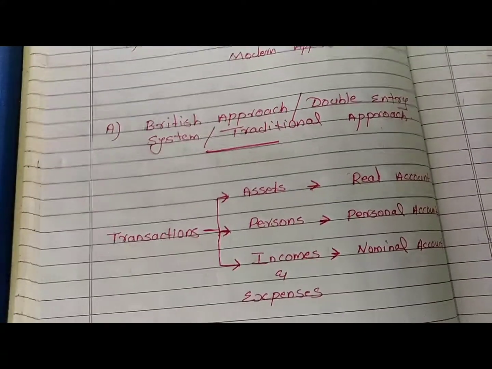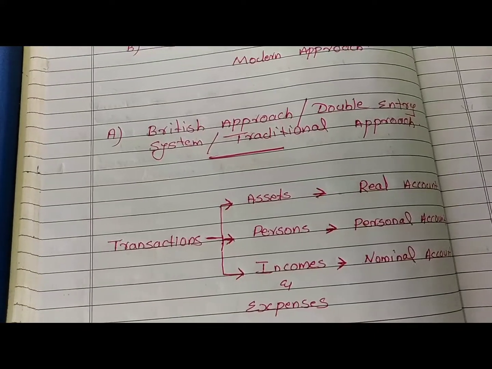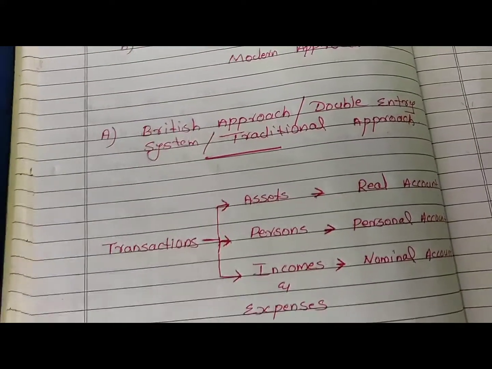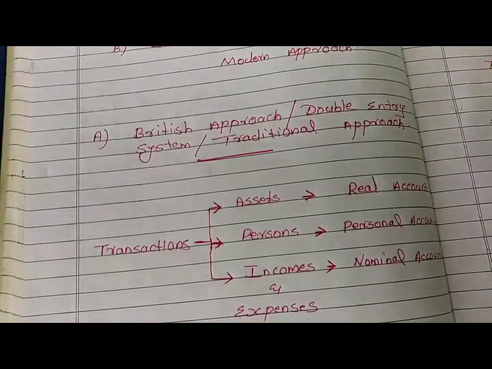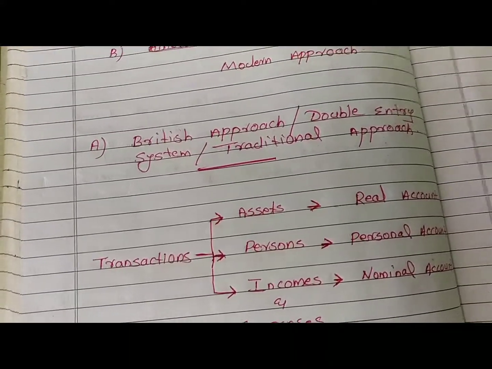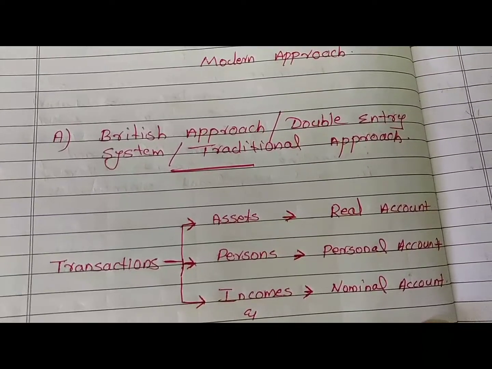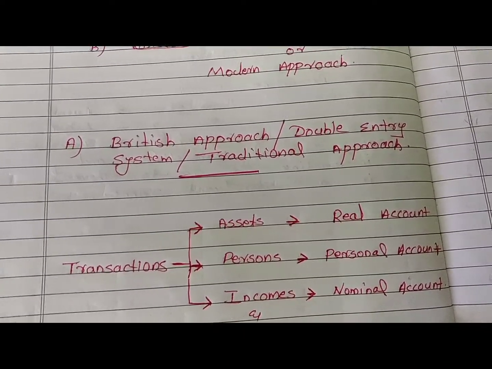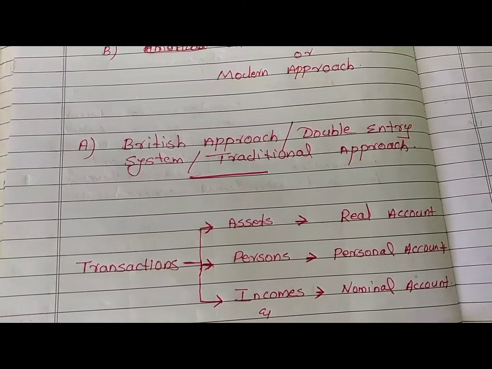Each transaction will be recorded in a different account. So to record these transactions, we have three types of accounts: real account, personal account, and nominal account. In the real account, we record all the transactions related to assets.